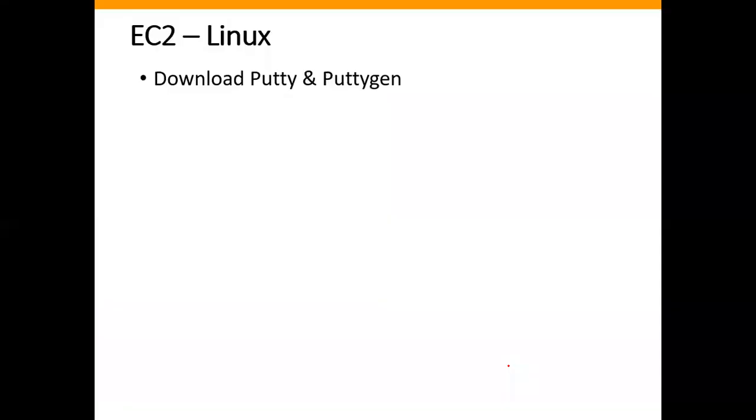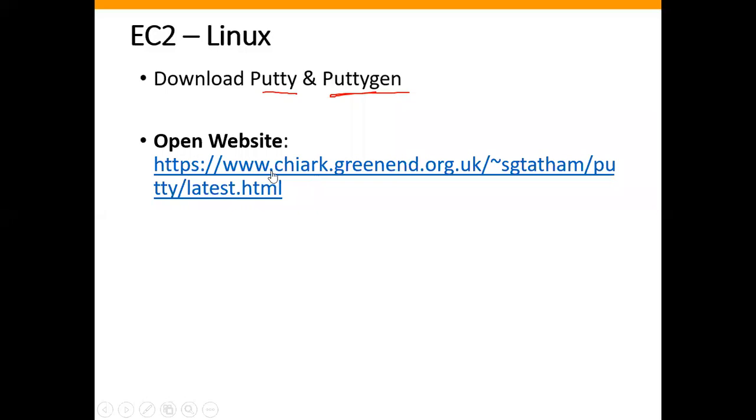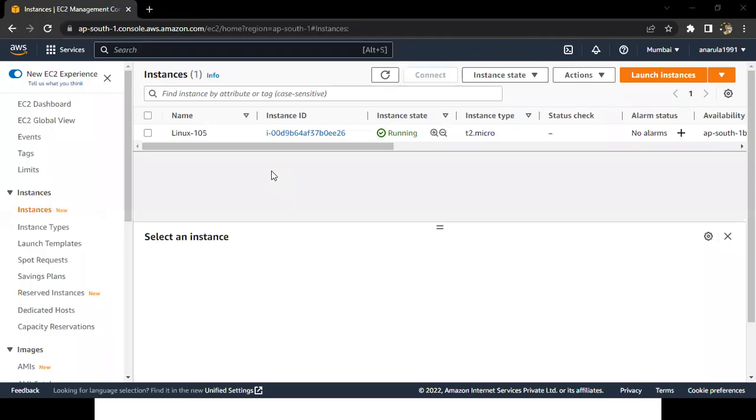The tool which I'm going to download is completely free. What tool am I going to download? PuTTY and PuTTYgen. Here I've given the website. From there we can download PuTTY and PuTTYgen, or you can search on Google and you will get them also.